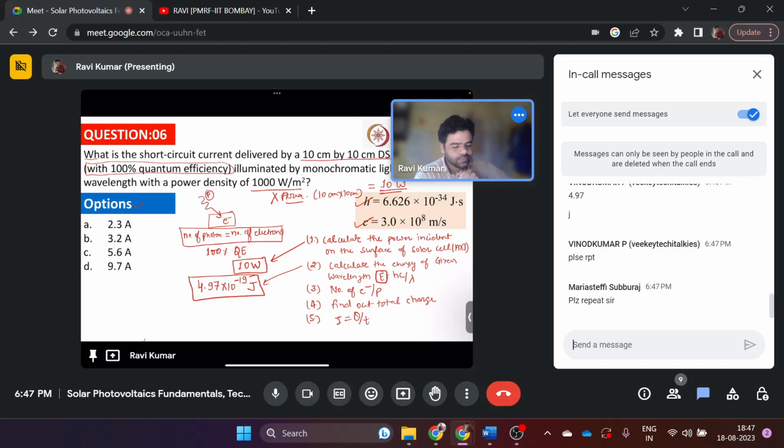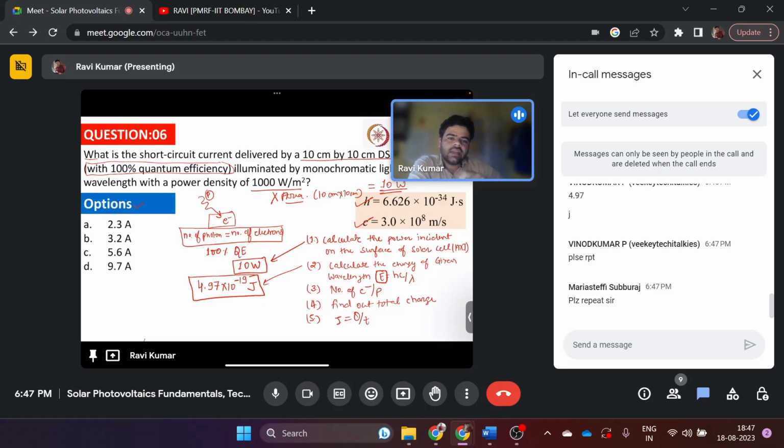See, lambda is the wavelength of the photon. So we have calculated the energy of 1 photon, that is hc by lambda, and this energy of 1 photon is 4.97 into 10 to the power minus 19 joule. Is it clear?